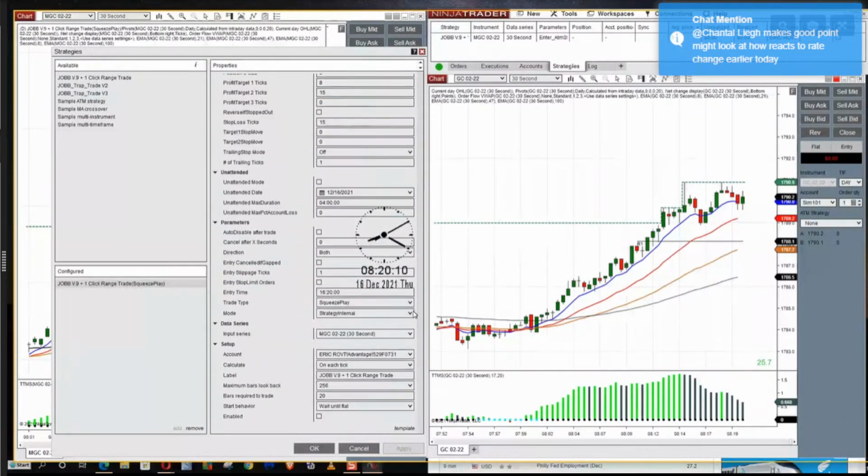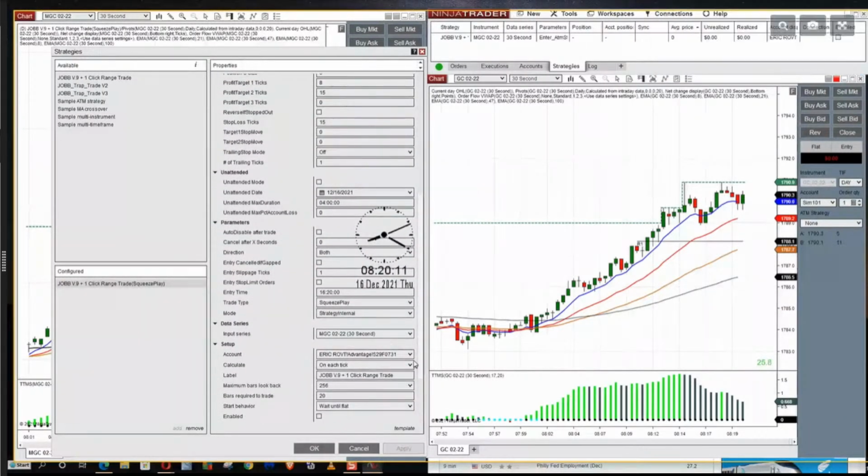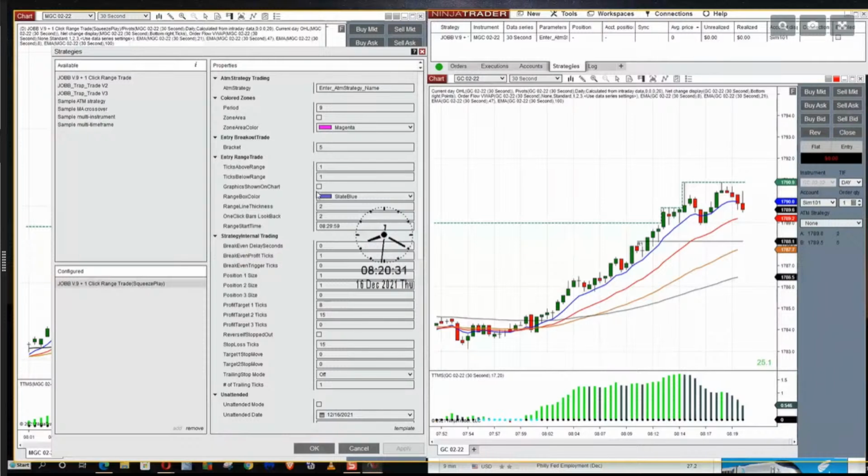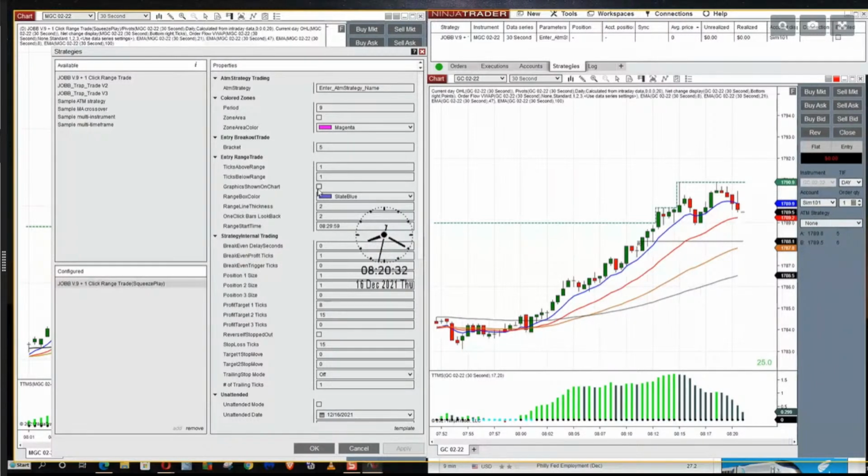So I'm just putting my charts in sim so we can see what happens. So when I enable it, I know I'm only willing to go long, all right? So one thing I didn't do, which I forgot, that's why we're not seeing the range. That's why it's nice to test graphics shown on chart.